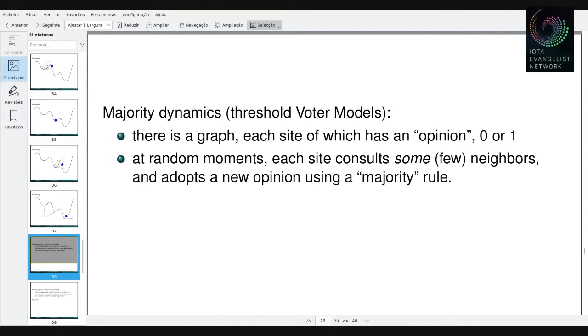Now we are finally coming to something IOTA related. In IOTA we have this voting mechanism which is used to decide, in case of conflict, which transaction is valid and which transaction is invalid.